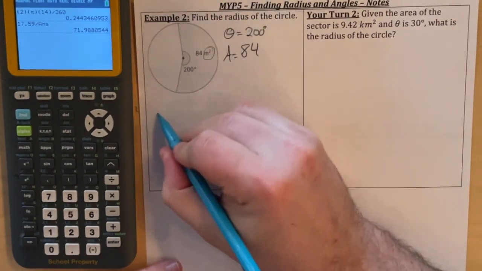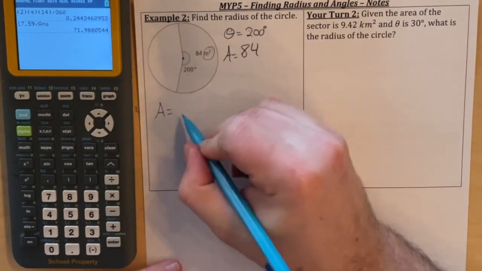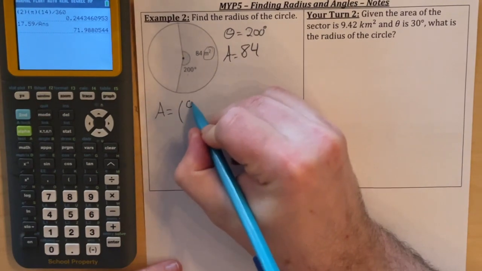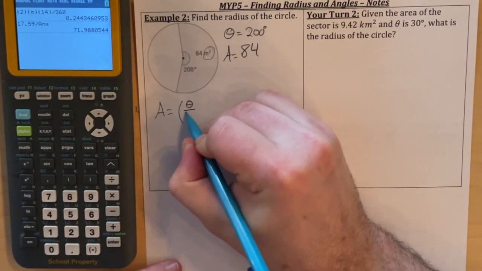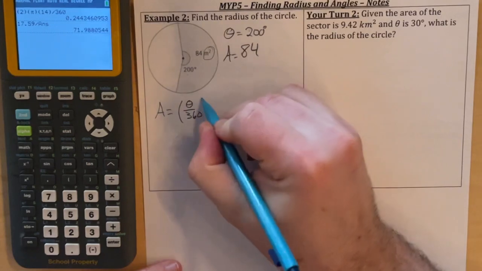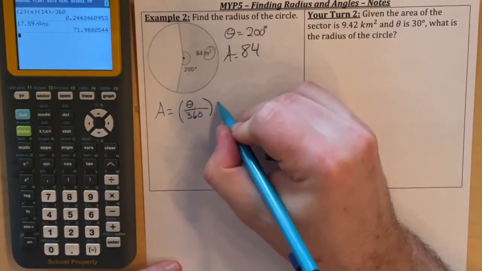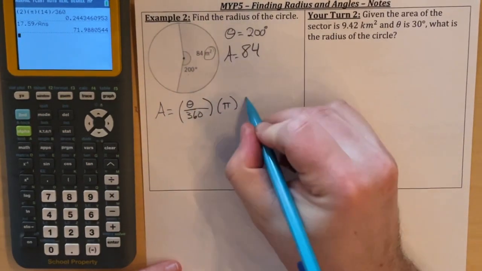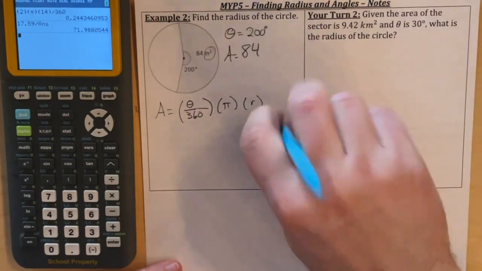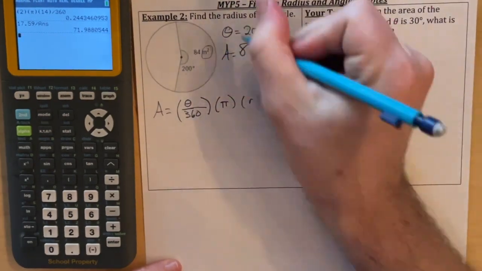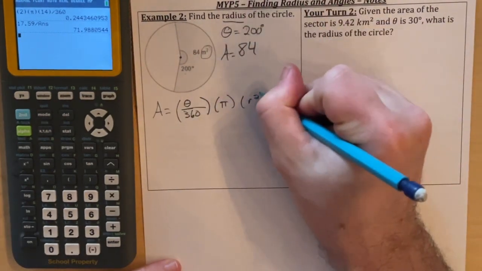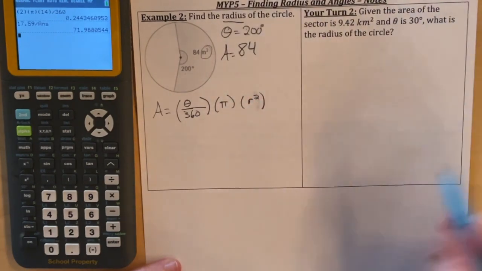So I can say, all right, let's have our area A. It's going to be our angle theta over 360 times pi times the radius squared. And that's actually what we're going to be solving for, because we're looking for that radius. So we're going to have to find what that is going to be.